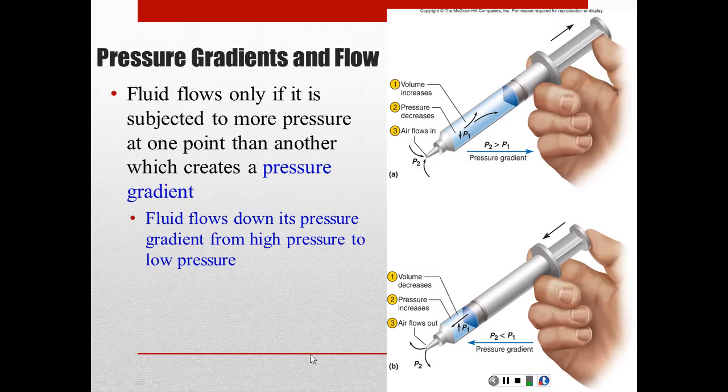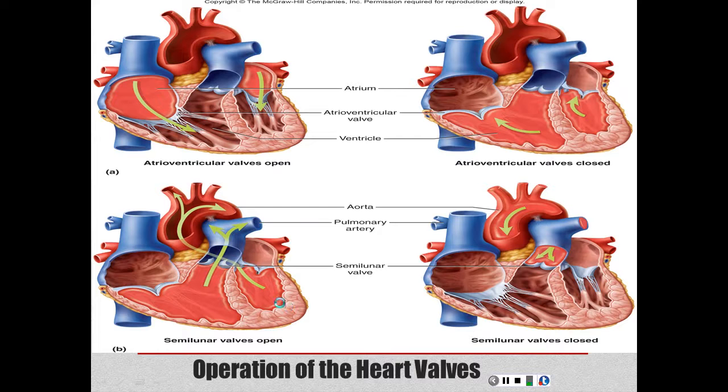Now, a heart chamber, such as the left ventricle, is just like a syringe barrel. When the ventricle is expanding, pressure starts to fall, and blood flows into the ventricles.